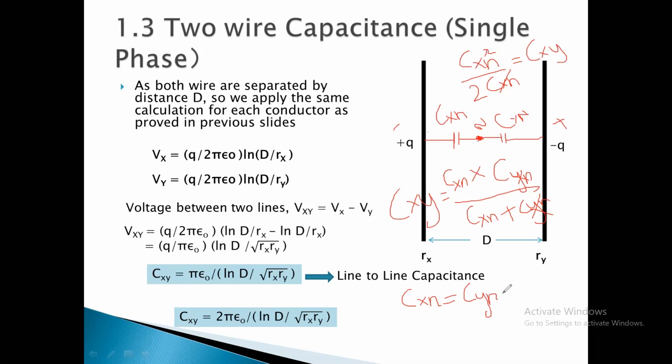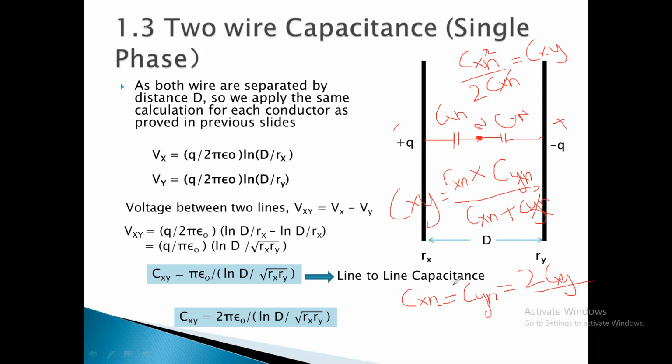So CXN is equal to CYN, which will be equal to 2 times CXY. CXY is the total capacitance between lines. So if I want to find the capacitance line to neutral, I will just multiply it by 2.